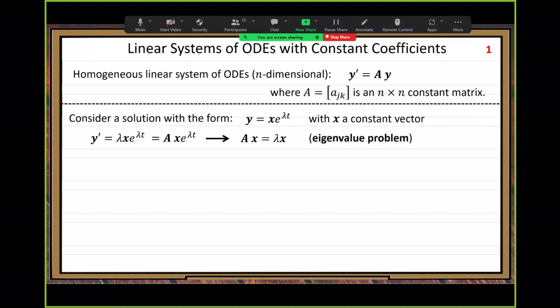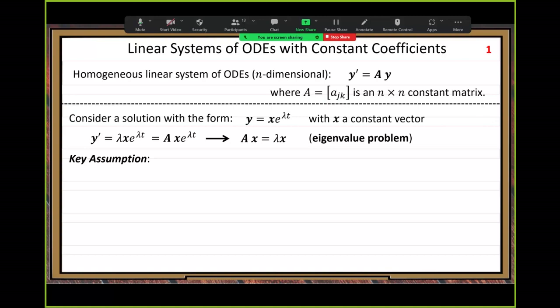Here we need to make a key assumption, because in linear algebra the whole theory of eigenvalues and eigenvectors could be very complicated. We cannot go through that whole theory, so we take a relatively simple case from linear algebra. So what's the simple case?